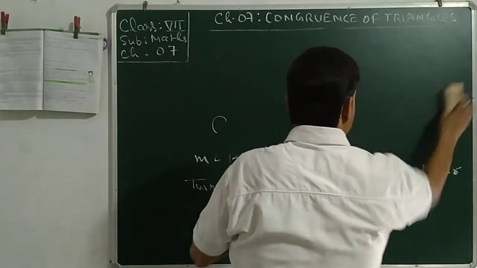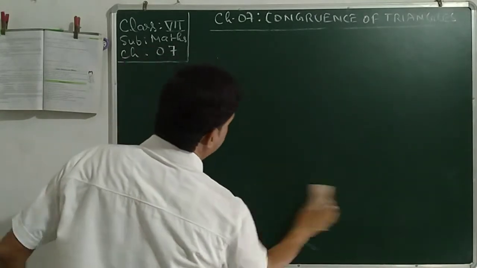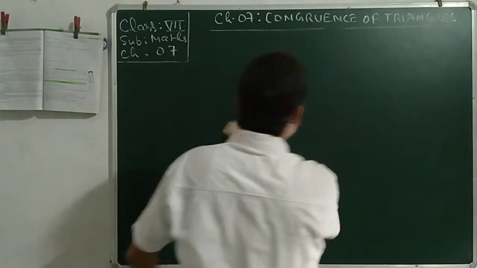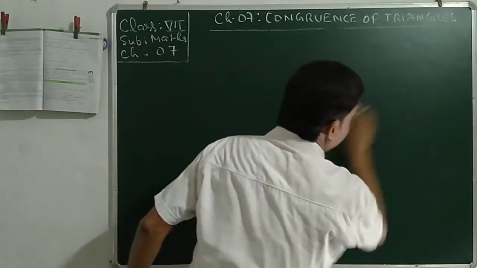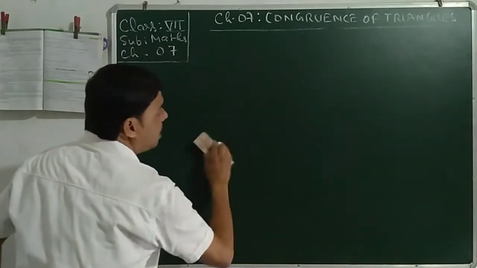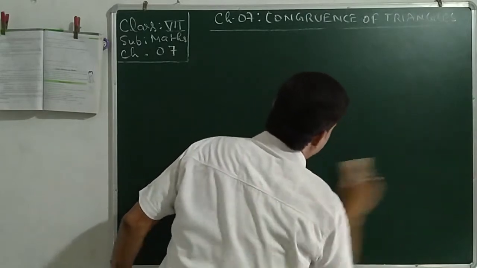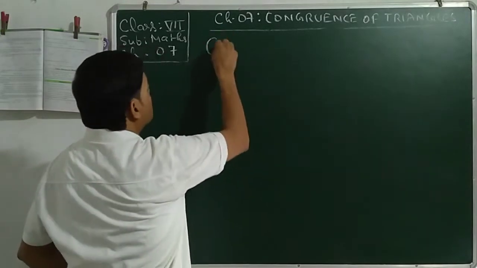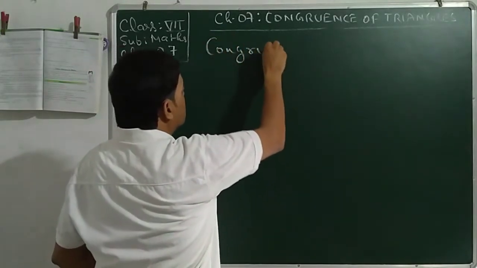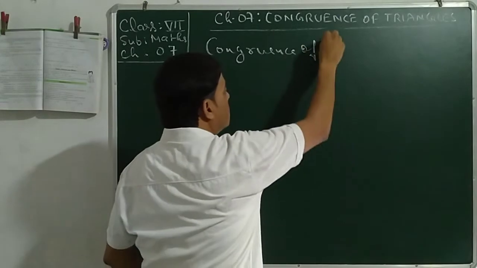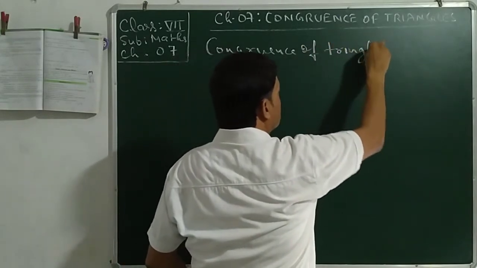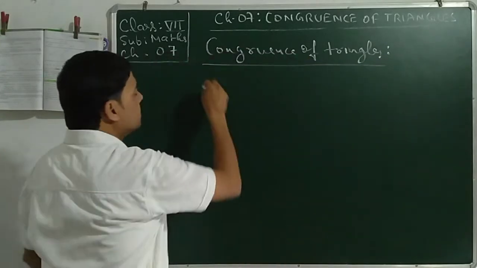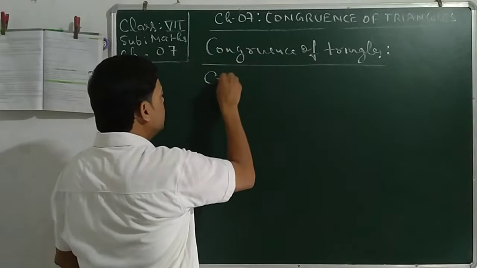To understand the congruence of triangles, we need to understand several conditions that I am explaining to you. Learn these conditions or criteria carefully, because they will be required in classes 8, 9 and 10 as well. So, to understand the congruence of triangles, first of all understand the criteria.